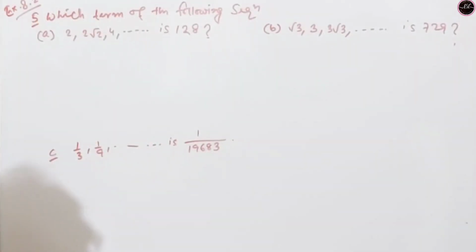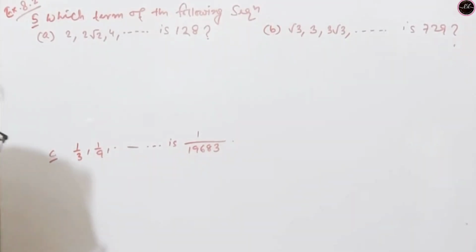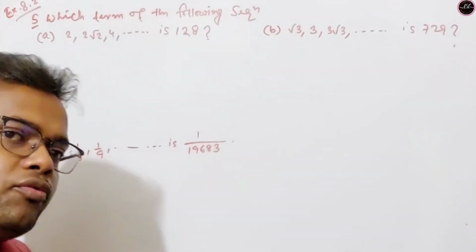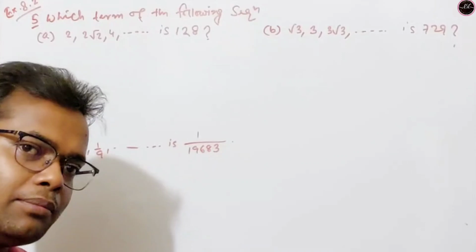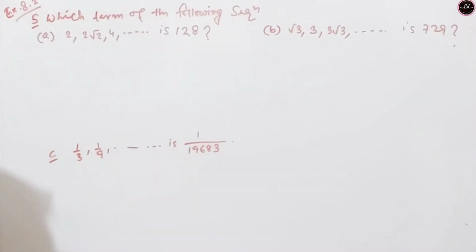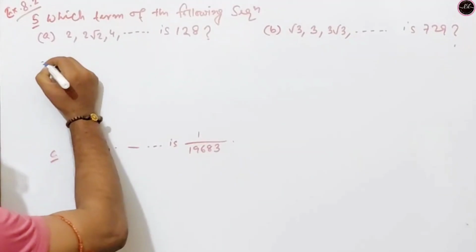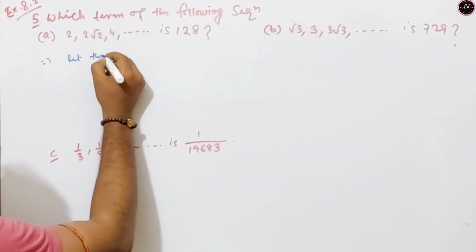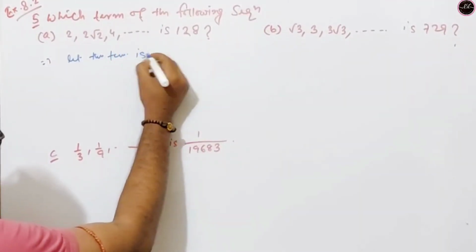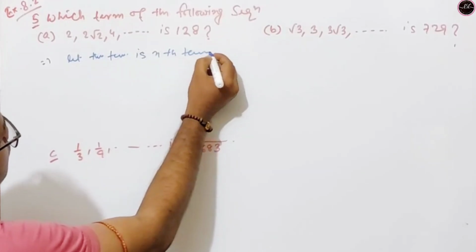Which term of the following sequence 2, 2 root 2, 4, ... is 128? So we have already known the formula to find the nth term. So let the nth term be 128.